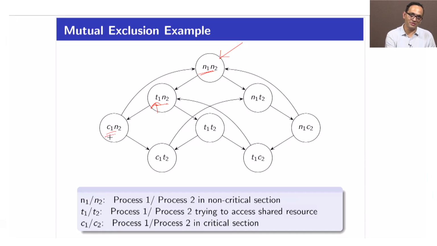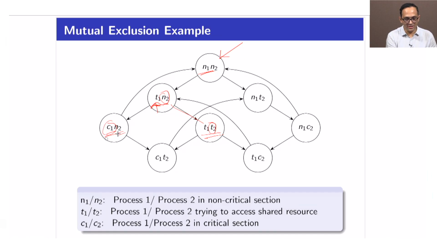So, it is in the critical section, right, or it may happen that process 2 also starts to access the critical section. So, we can either move to T1 T2, both are trying to access the critical section, or process 2 is still in the non-critical section and process 1 gets access, C1 N2, right.